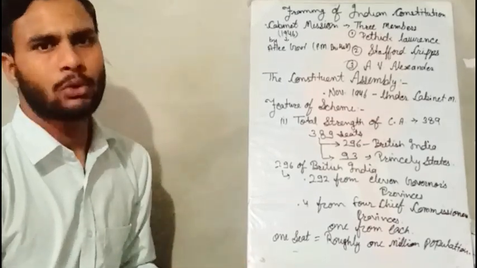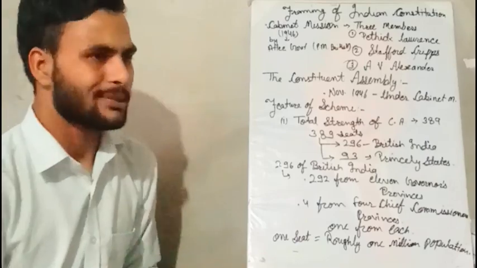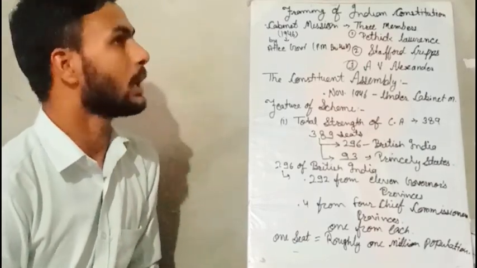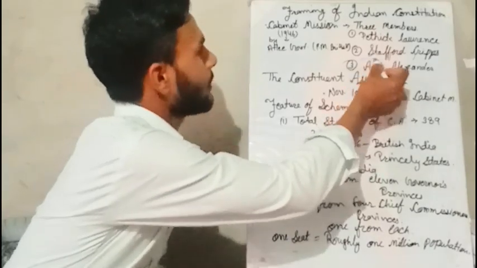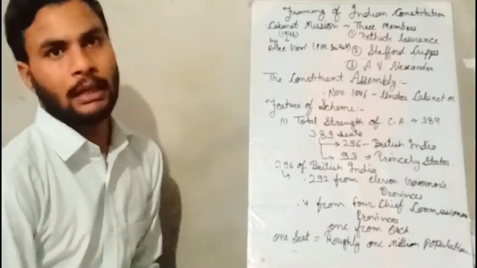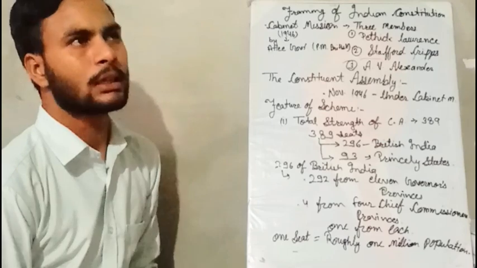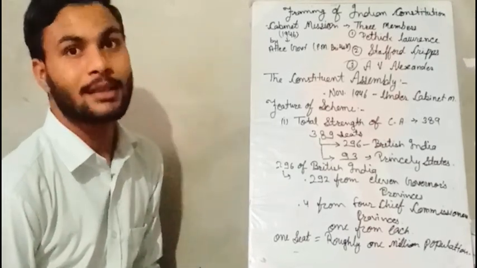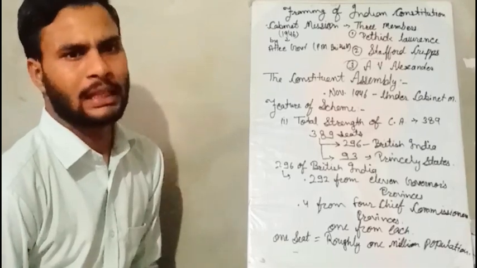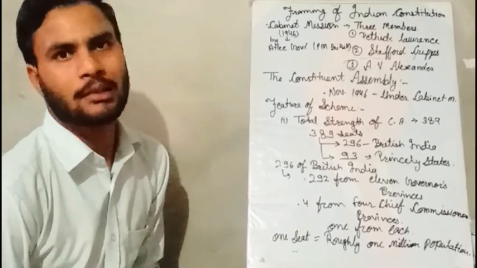As you know, in the last session we discussed the cabinet and named Stafford Cripps in the Cripps mission. I want to give you a clear cutout of what the Cripps mission and the cabinet mission are. There are three major members of the cabinet mission.